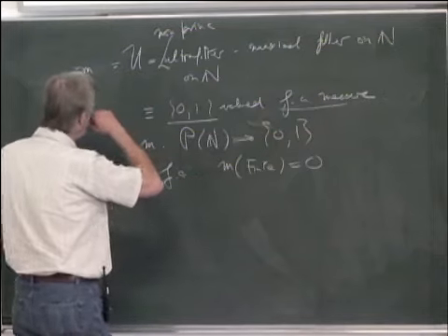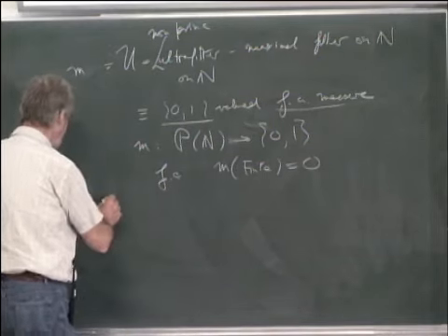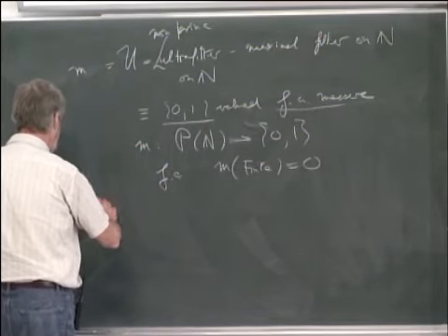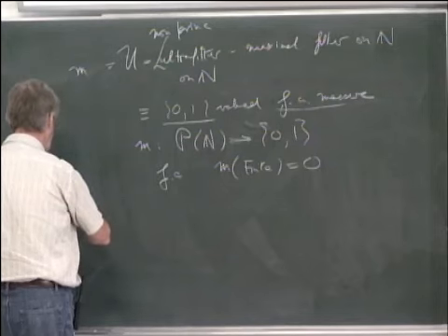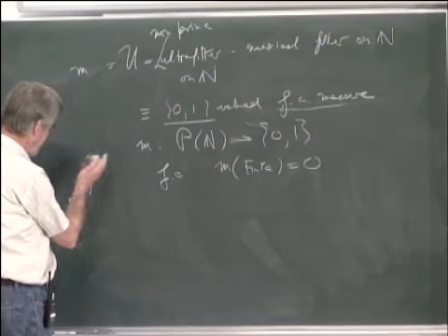So that's what an ultra filter is, and then the equivalence relation on say R^N, or any mathematical object, but take the reals as an example.